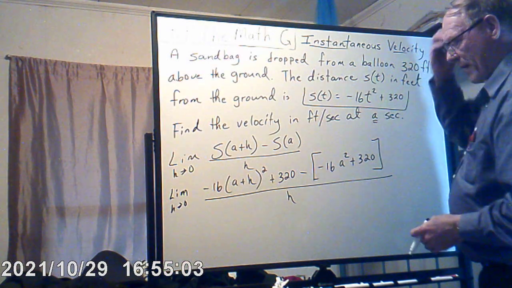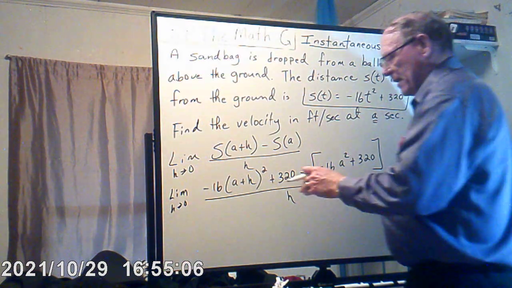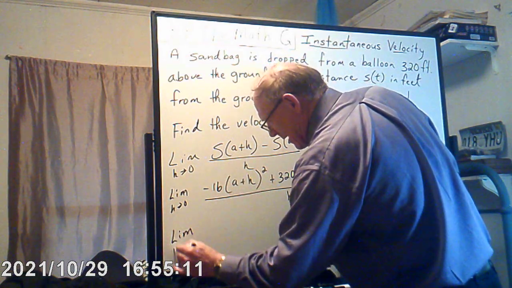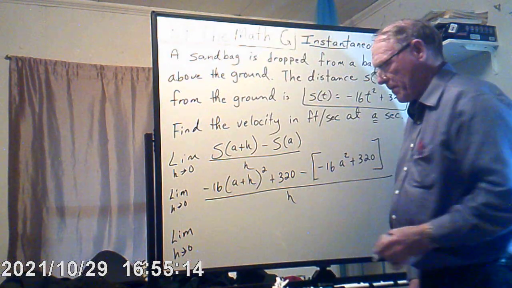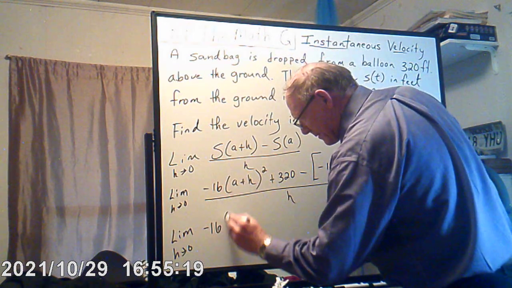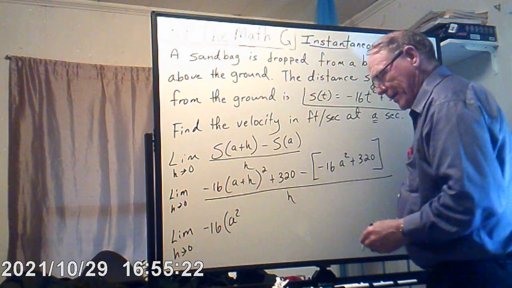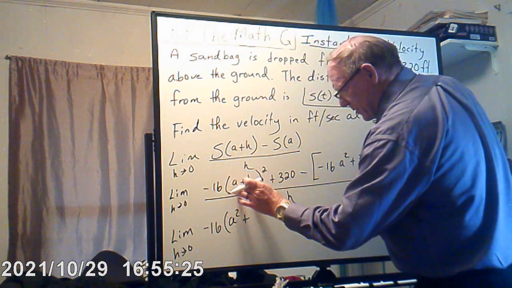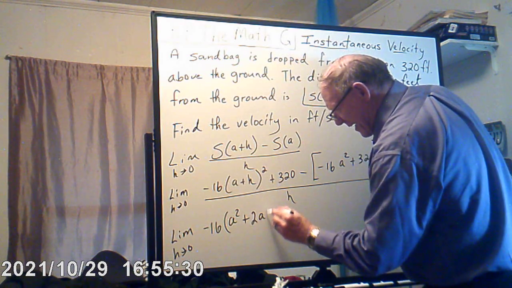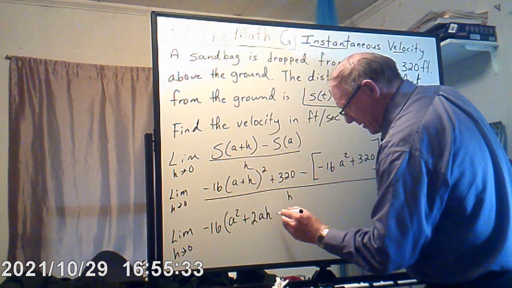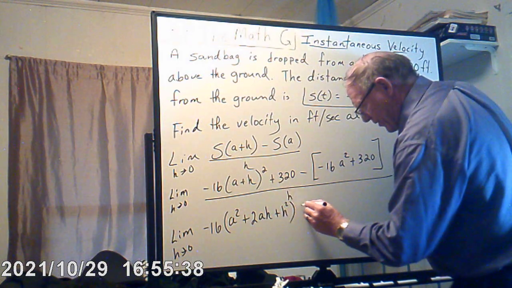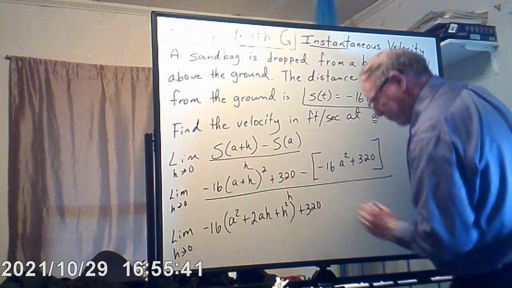You have to flip the board back over. Obviously I will. Alright, so we have to square A plus H, and I did that in a previous video before. Negative 16, you're squaring the first term, A squared. Then you multiply these two together and simply double it, so 2AH, and then you square the last term, plus H squared, and then plus 320.